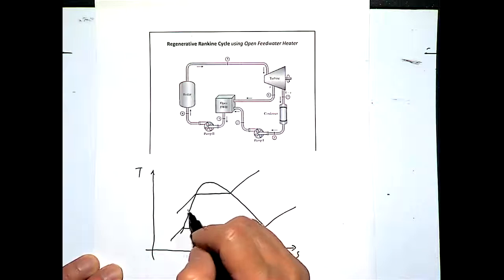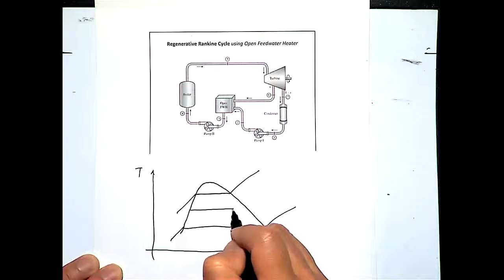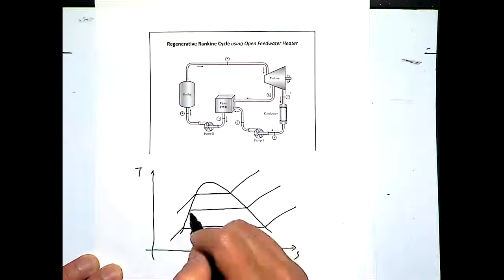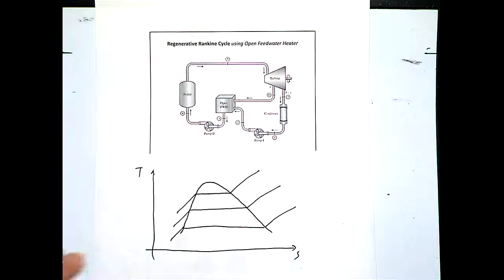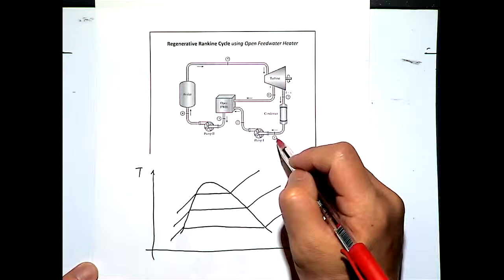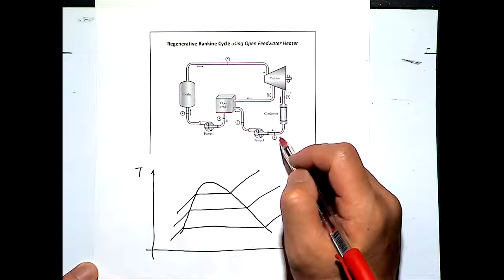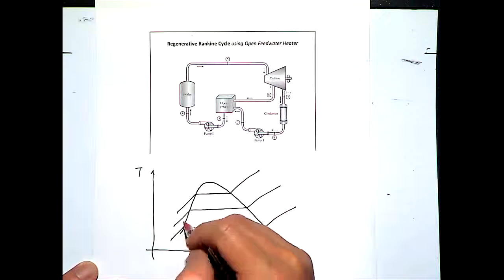we have an intermediate pressure in the middle. All right, let me use a different color. All right, so if we're starting with state 1, which is consistent with what we said before, state 1 is the inlet of the pump.